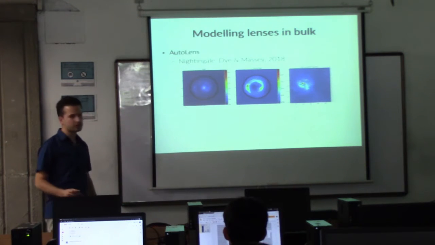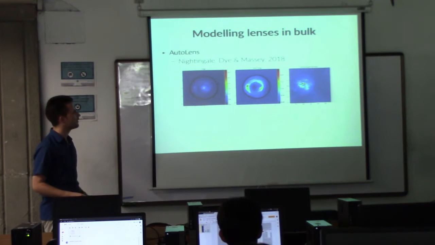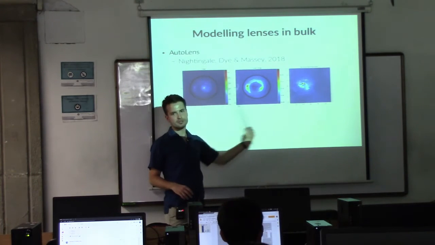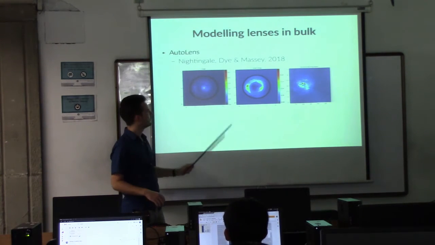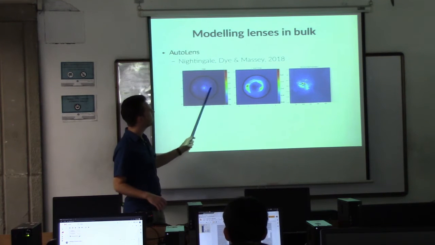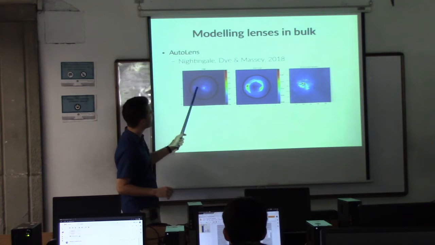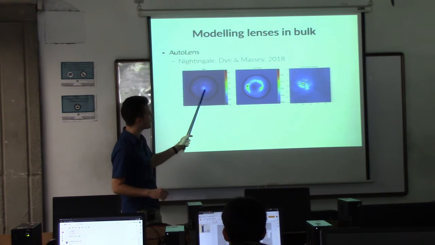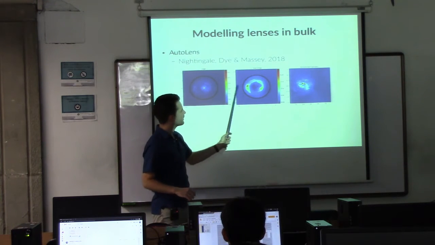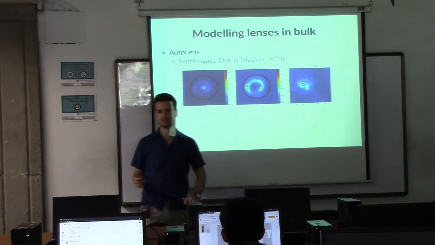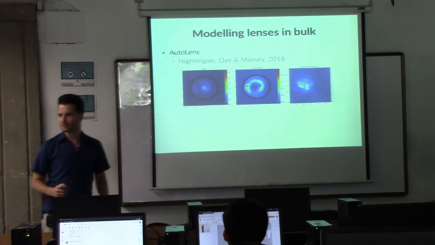There was an AutoLens by James Nightingale and group in Nottingham and Durham, where they tried to automatize this process as much as possible. So here they take an image, you can't see the Einstein arc here, here's the foreground galaxy, they subtract the galaxy, they have the model image, they get the source reconstruction. It works.